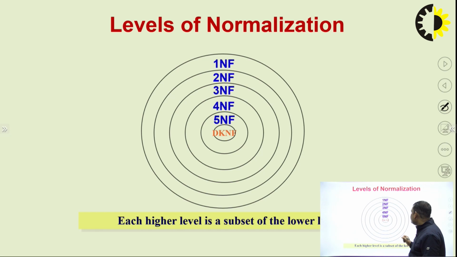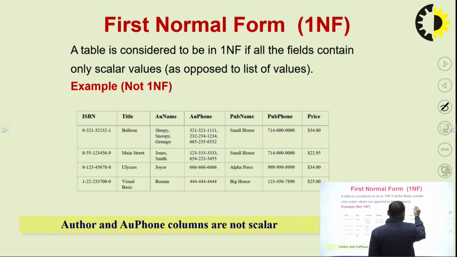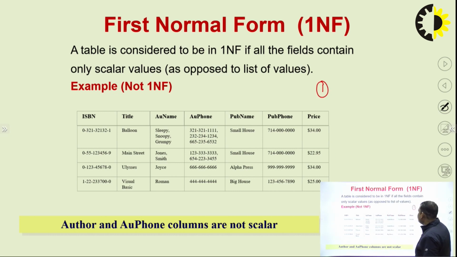Each higher normal form is a subset of the lower normal form.